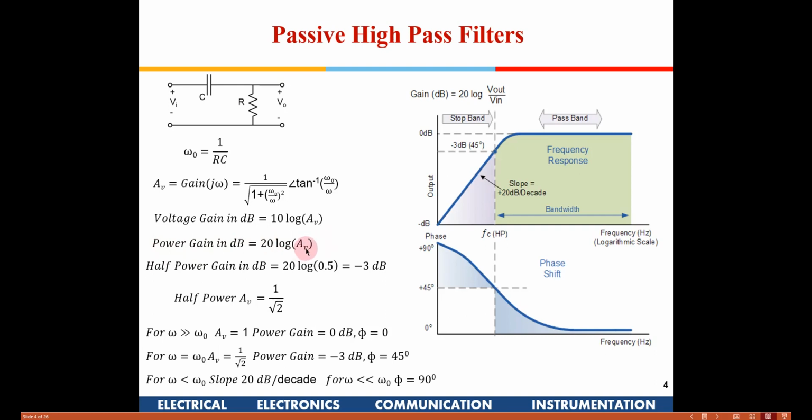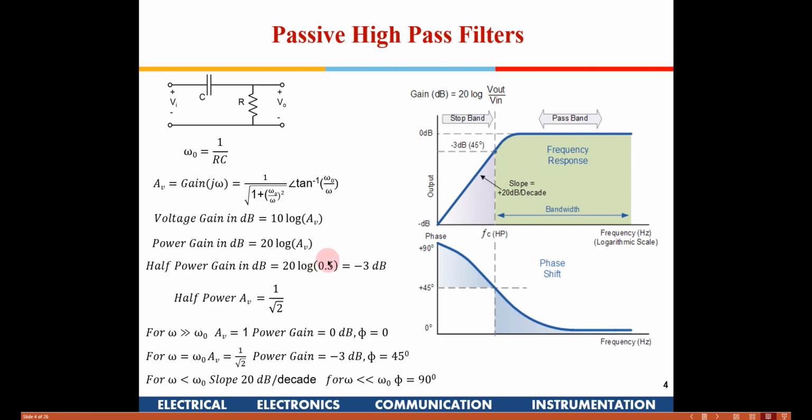There is also something known as half power gain. Initially, if you assume the voltage gain is 1, and now from 1 it has come down to 0.5, if I put 0.5 here, I get minus 3 dB. I think I made an error here.